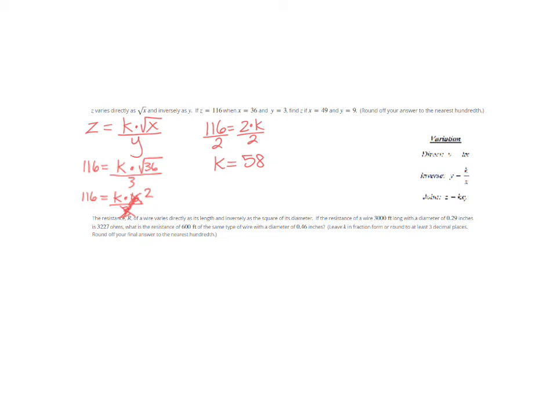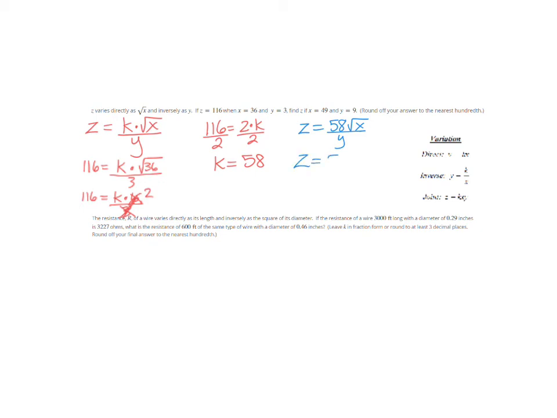Now let's use that and let's rewrite our formula with that in it. So now it's Z equals, and instead of K, I write 58 square root of X all over Y. And we use our new formula then to finish it out. It says find Z if X is 49 and Y is 9.